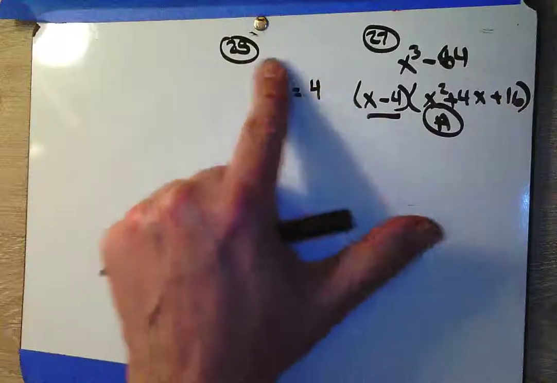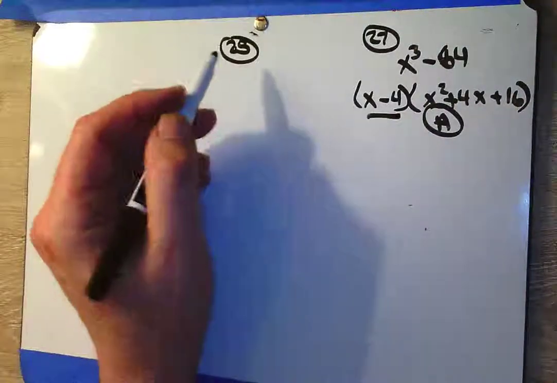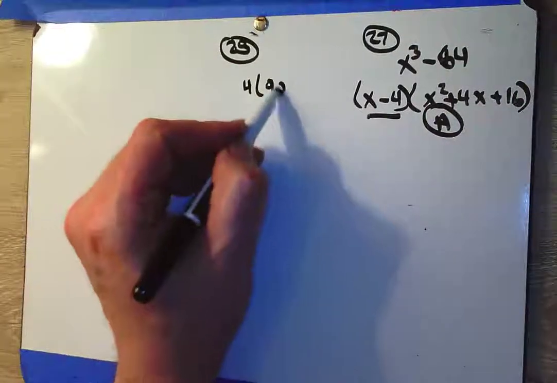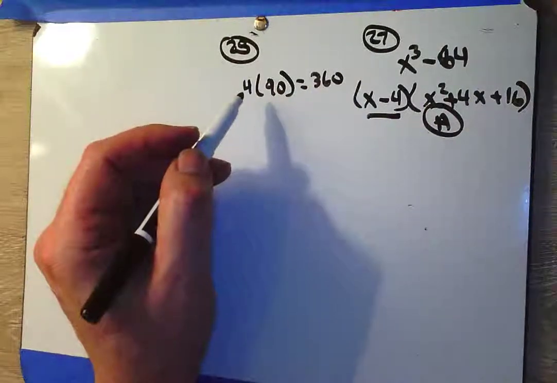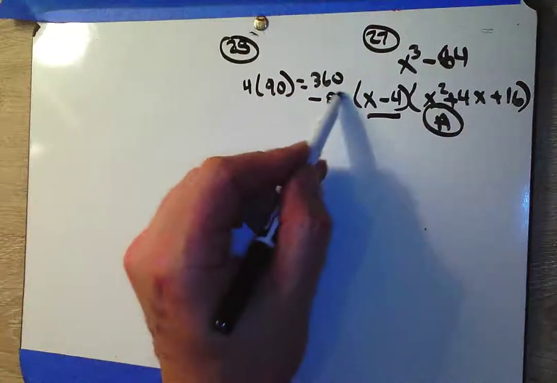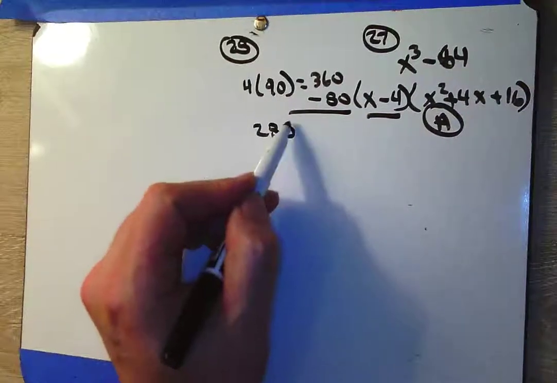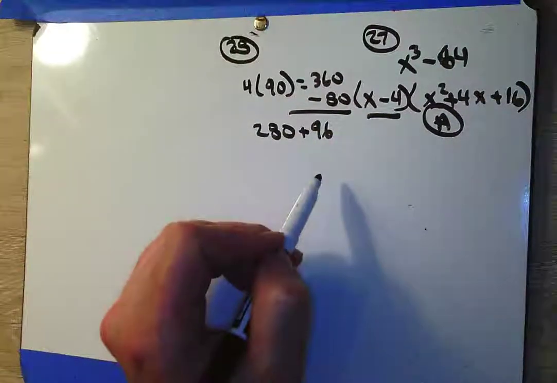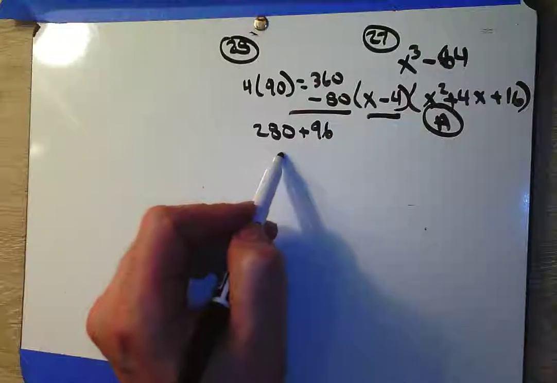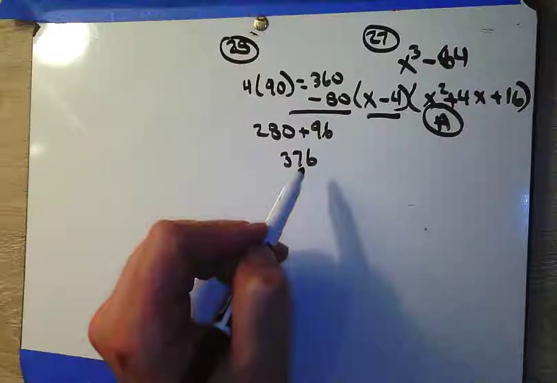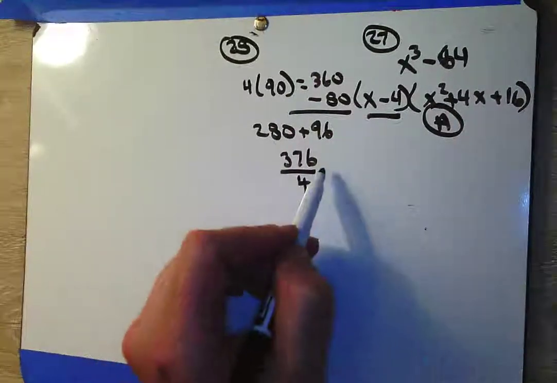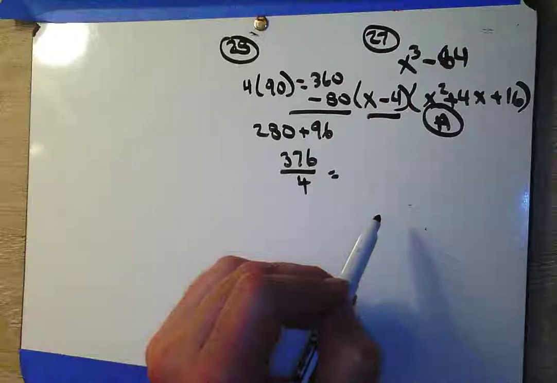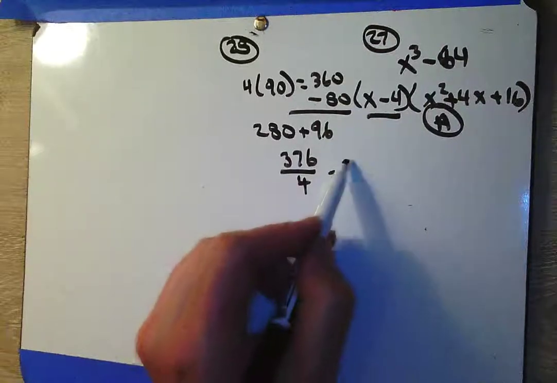But you might want the more cumbersome approach of saying 4 numbers times 90 means the sum is 360. If I take 80 away from that, I get 280. But then if I add 96 onto that, I get 376.